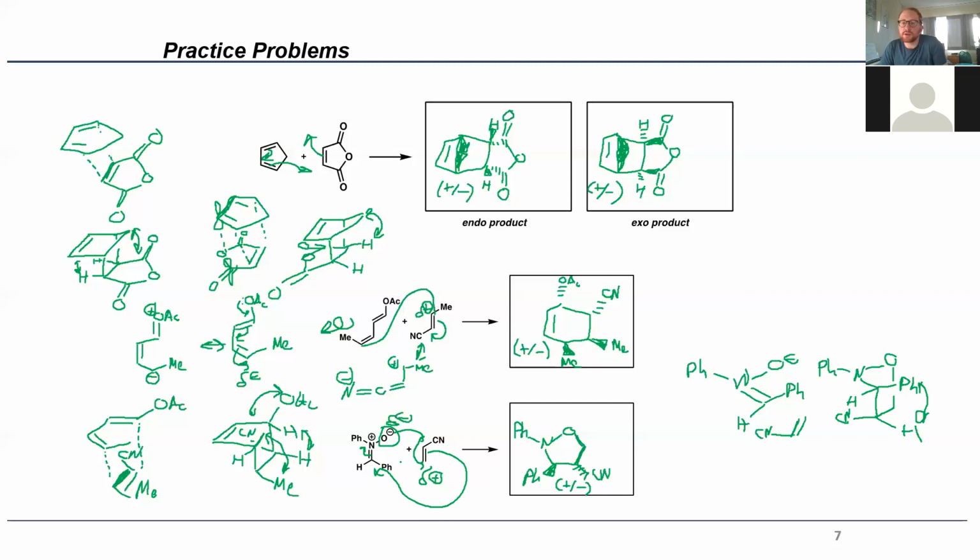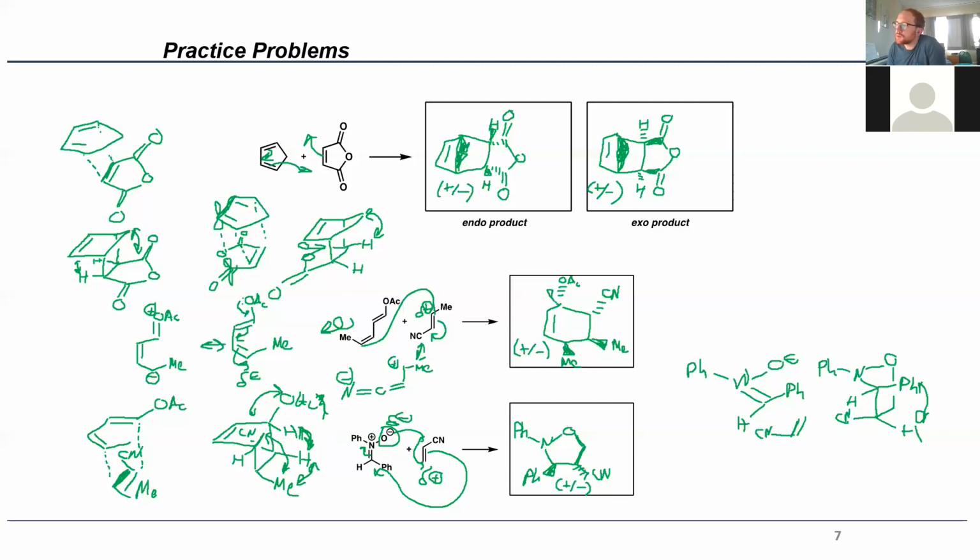Cycloaddition reactions are obviously going to be a big part of the exam on Thursday. So I want to ask for the second one, can you go over the stereochemistry for the methyl/acetate? Yeah. Well, which methyl? So I see here that the acetate and these two hydrogens are on the same face, and that this hydrogen is on the same face as the methyl group.